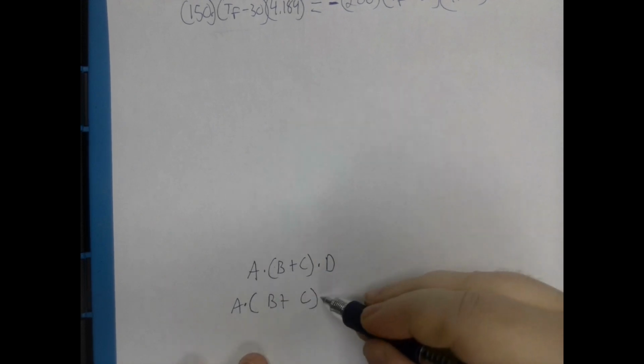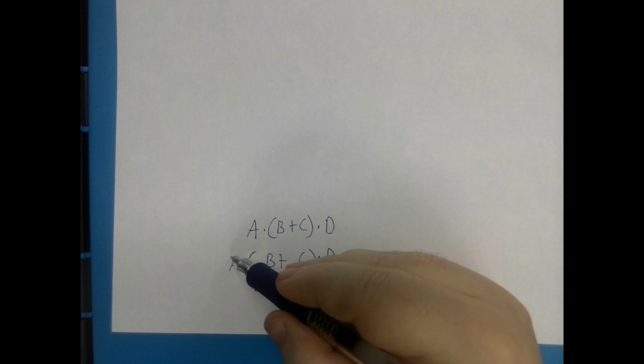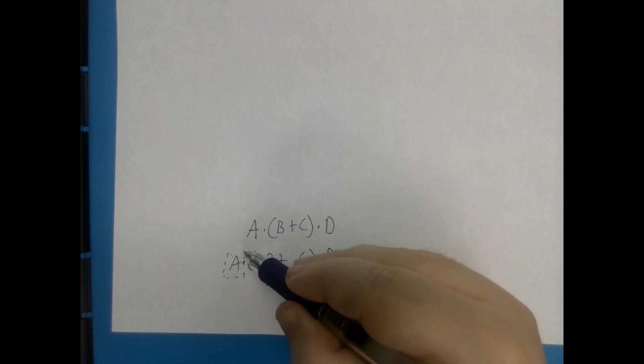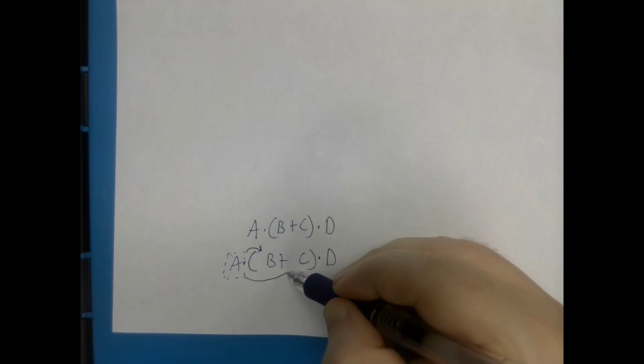So I have A times B plus C times D. This A is going to be distributed inside each term in the parentheses.